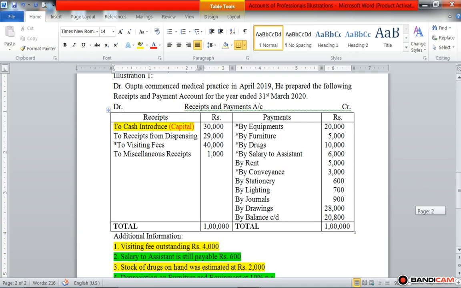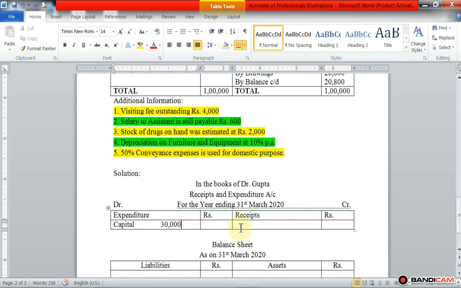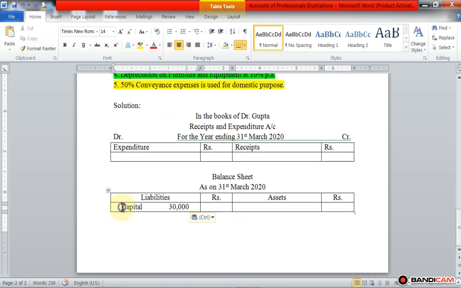Next, receipt from dispensing. Additional information is not provided, so not here. On the liability side, opening capital. Here we mistakenly transferred the capital on the expenditure side, but capital is the owner's equity and it is a liability of the profession, so it is transferred on the liability side.